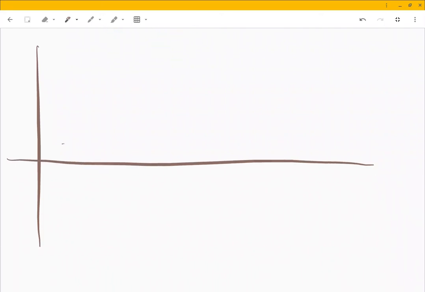a sequence can start like this, and it can keep on increasing and increasing till infinity. In that case, what is the value this sequence can take? Let's say this is 1, and then it keeps on increasing. Let's say this is this sequence. See, there is no limit point here, right?